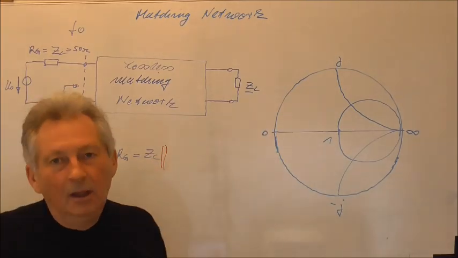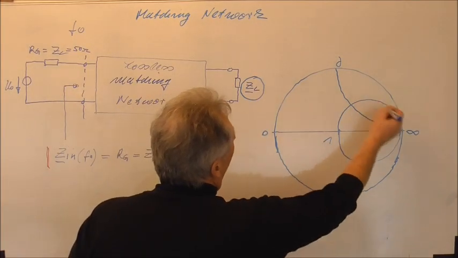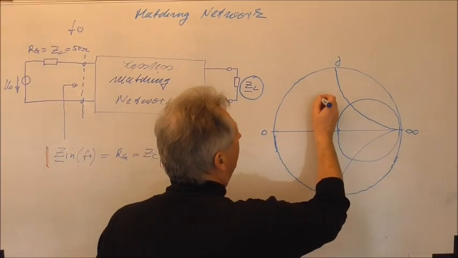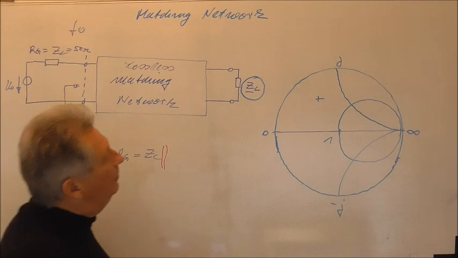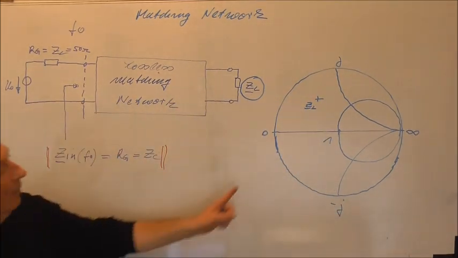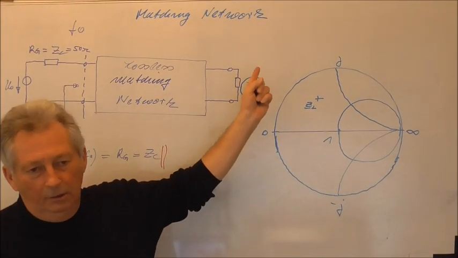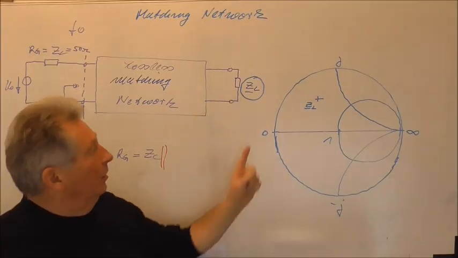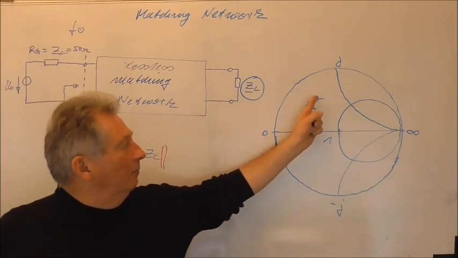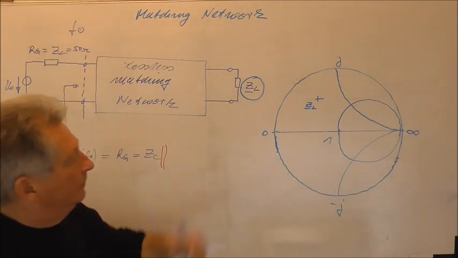We only know that the normalized load impedance lies somewhere in the Smith chart, maybe here. If I consider, for example, a certain antenna at F0, then somewhere in the Smith chart we have a load impedance.